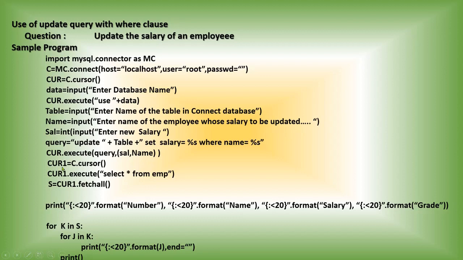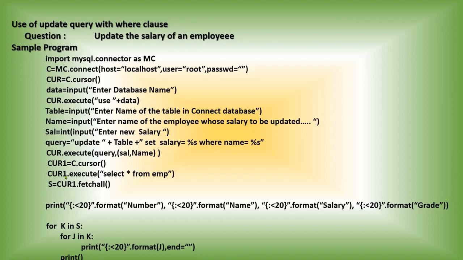See, CUR1 is the second cursor object, and using that CUR1 you can execute the select query. The result of this select query will be there in CUR1. So you have to fetch all the records from CUR1, not from CUR. CUR you just use to execute the update query, and the select query is executed by using the CUR1 cursor object.